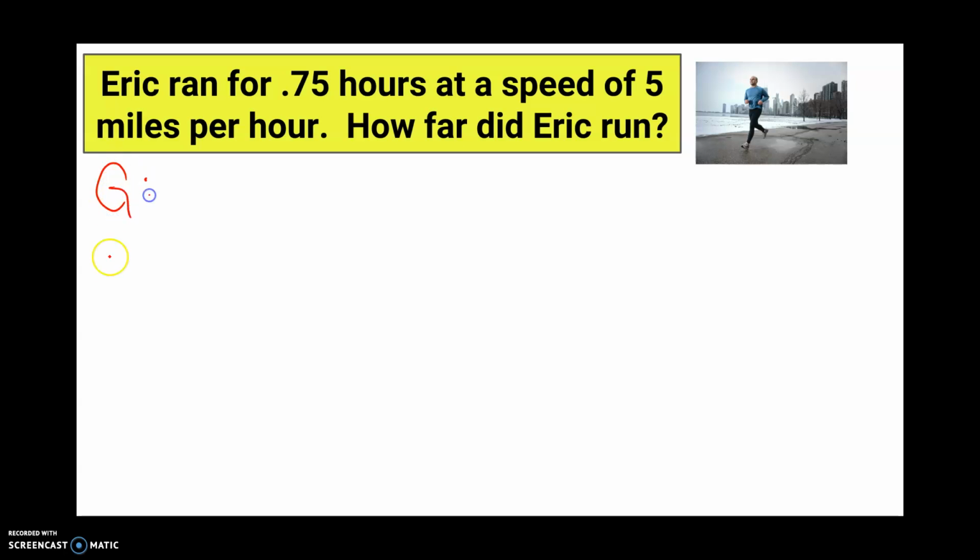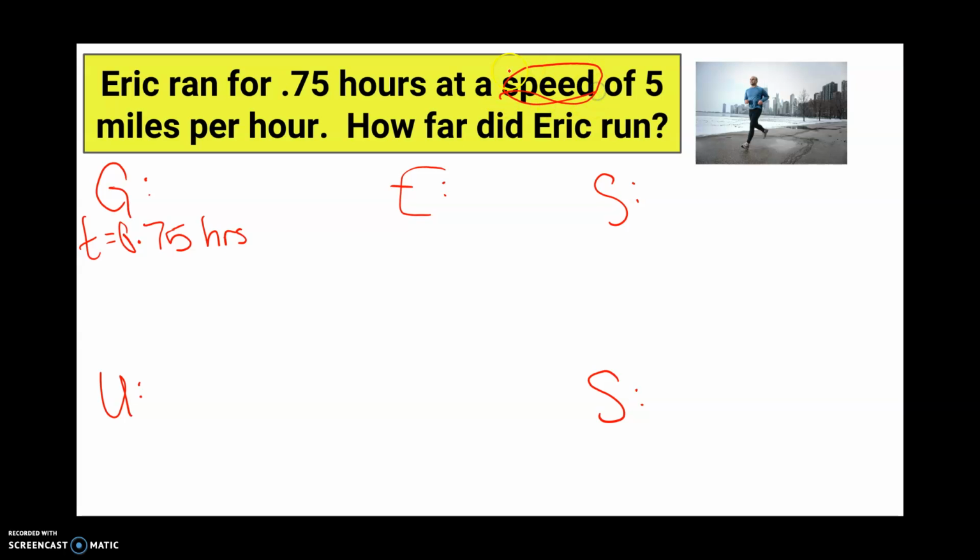So I set up for the GUESS method: given, unknown, equation, substitute, solve. And now I have to think, what numbers do I have? Well, I have 0.75 hours, and that is a time. So T equals 0.75 hours. Put a 0 there to help me remember. And it tells me that I have a speed here.